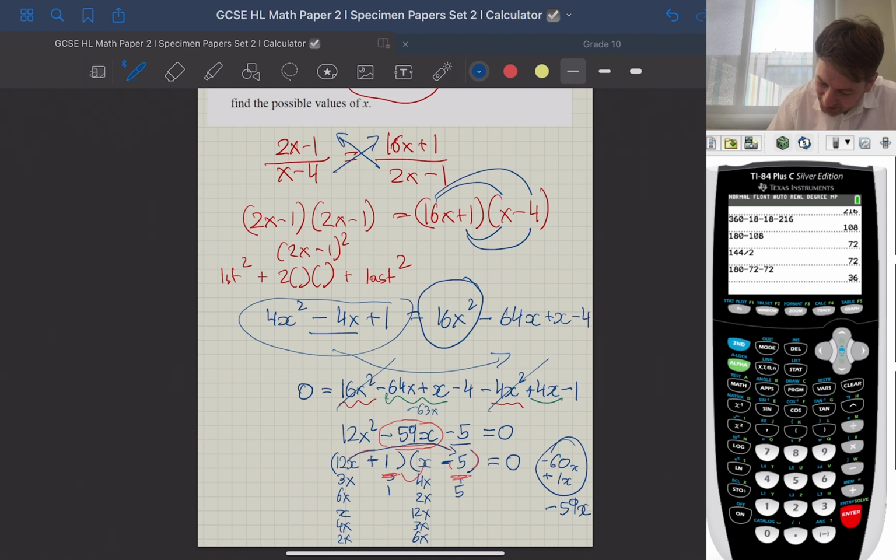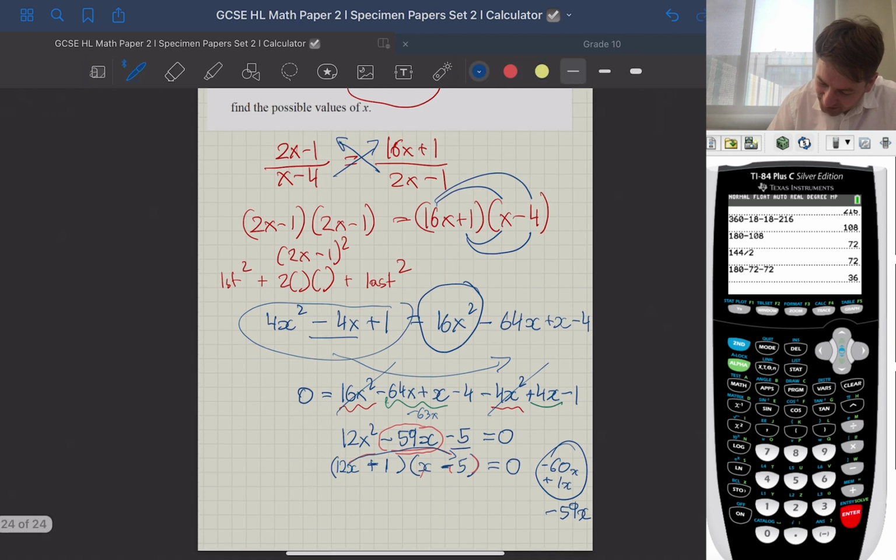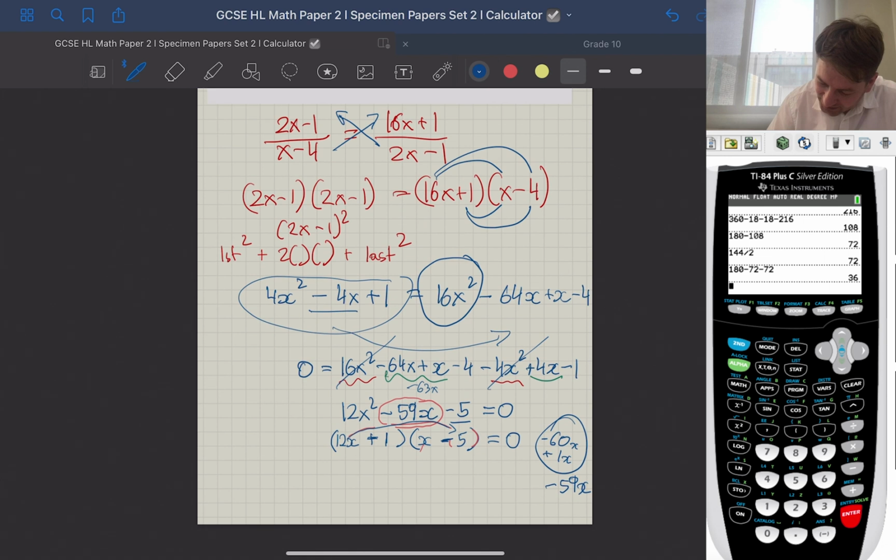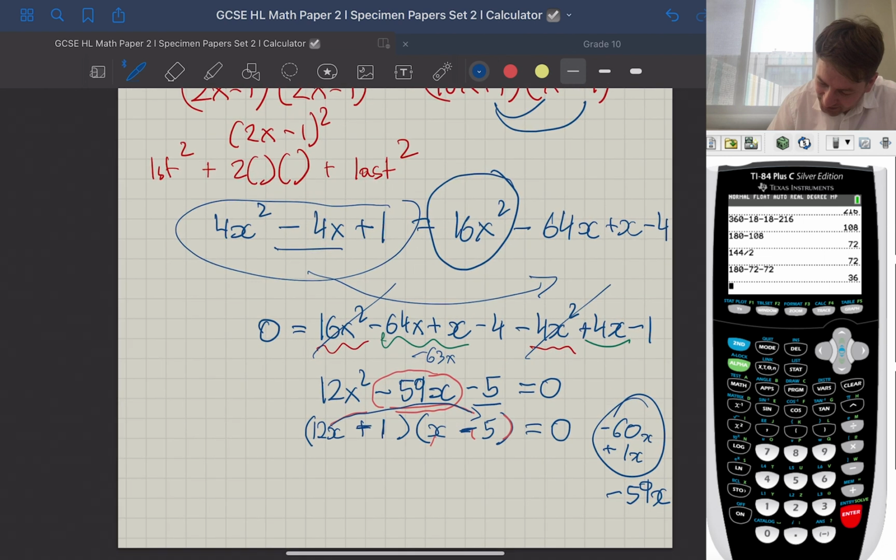All right? So now all of this is unnecessary anymore. We don't need that. And I would normally keep it, but I need space to finish this question. And there we go, this is the last one. Okay, so now to solve this, we're going to make each bracket equal to 0.